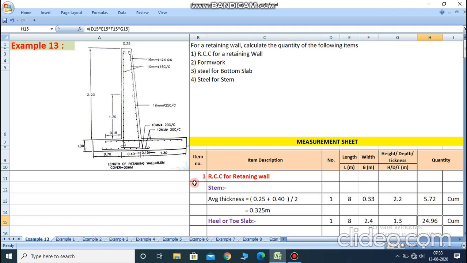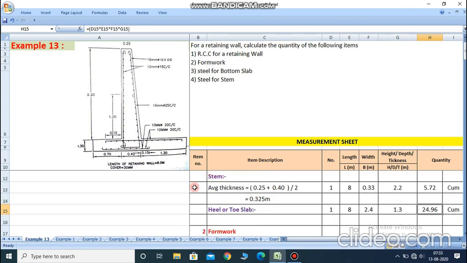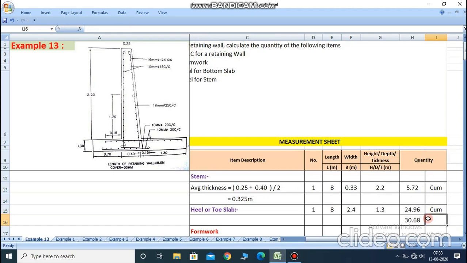So the total quantity of the toe slab part is 24.96. The summation of both values we get is 30.68. 30.68 is the total quantity in cubic meter.